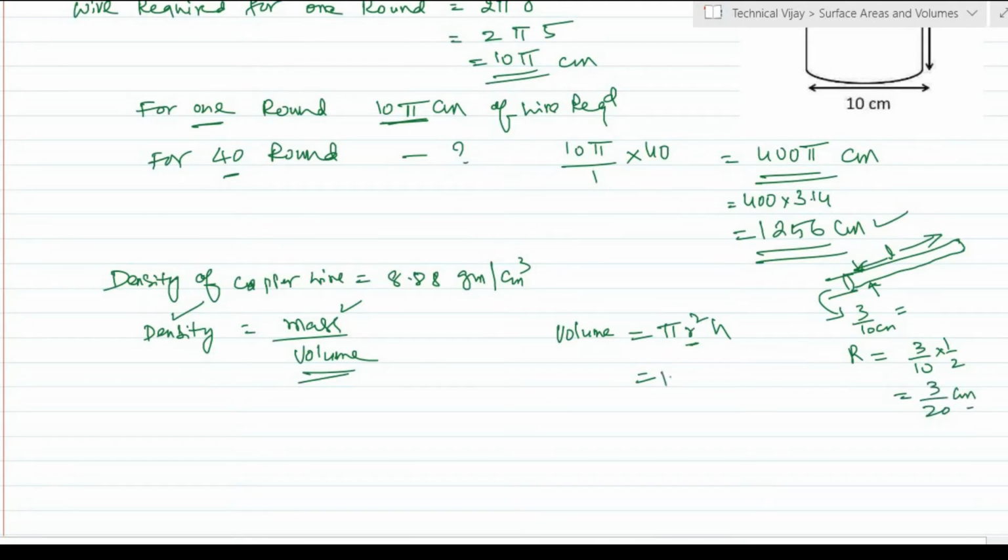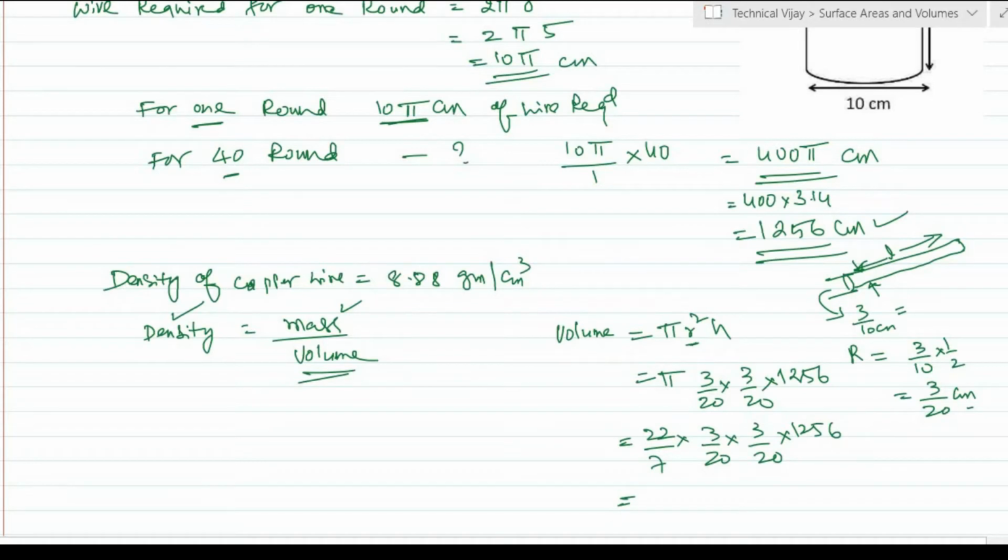So here pi into 3 by 20 into 3 by 20 into h, length, that is 1256 centimeter. So this is equal to 22 divided by 7 into 3 by 20 into 3 by 20 into 1256.